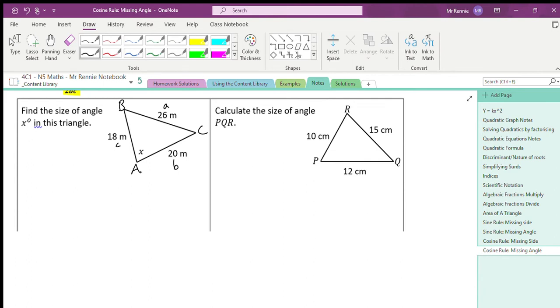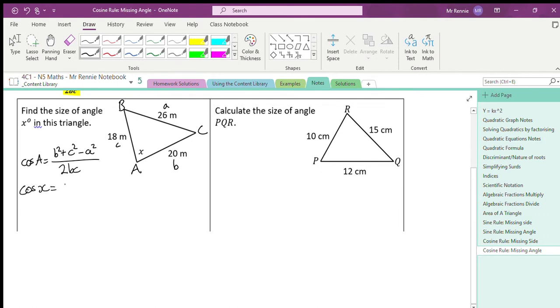Now that I've got my angles and lengths labelled, I am able to go towards the formula. The formula is written as cos of A equals b squared plus c squared minus a squared, all divided by 2 lots of b times c. I'm now going to substitute my values in. Cos of A, even though I don't know what the angle is at A, I'm going to label that as x, because it's asked me to find the angle x.